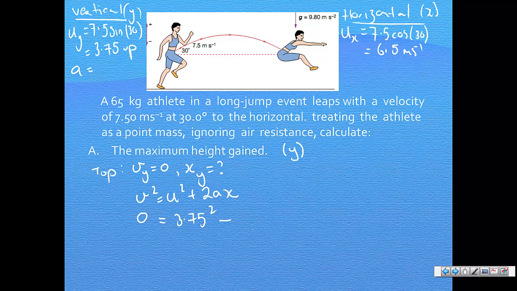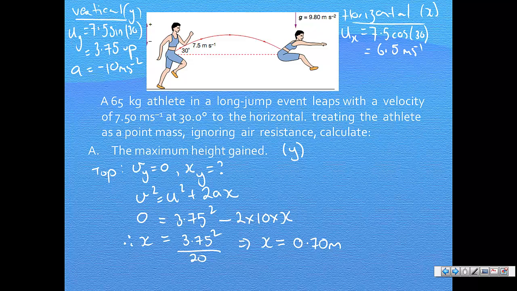Don't forget it's assumed, but I've always got a, minus 2 times 10 times the distance travelled up, and if I rearrange that, therefore the distance travelled would be 3.75 squared over 20, and that means that when you work that out you get a distance of 0.7 metres, and that makes sense because if someone's doing a long jump they would go a certain distance up. So that's the distance travelled.